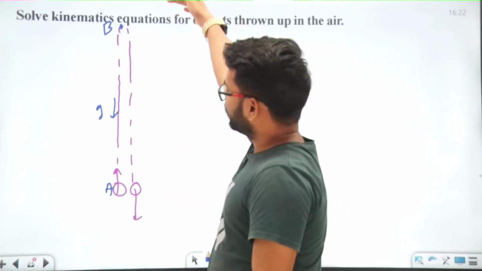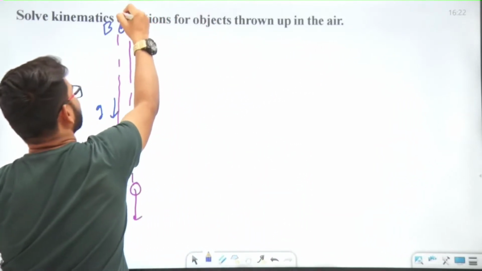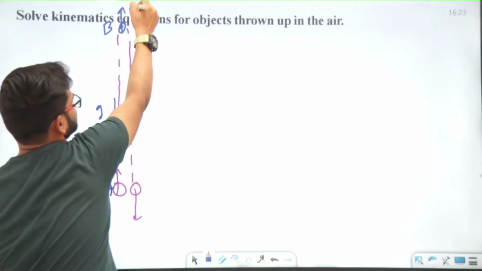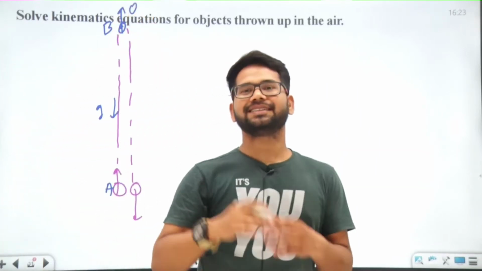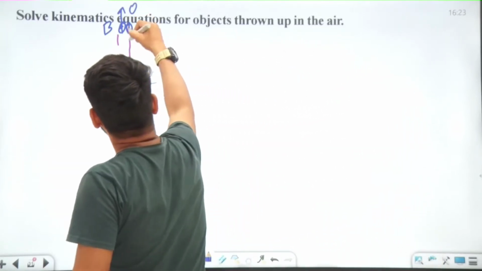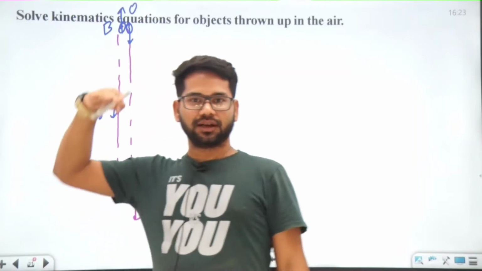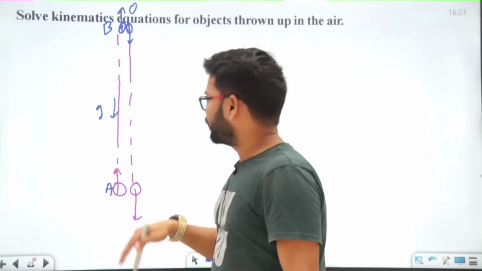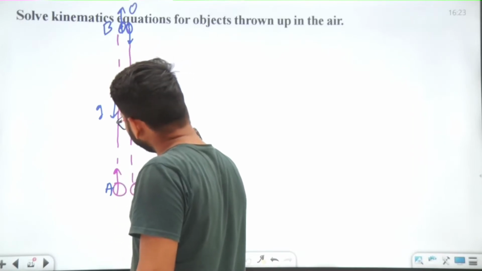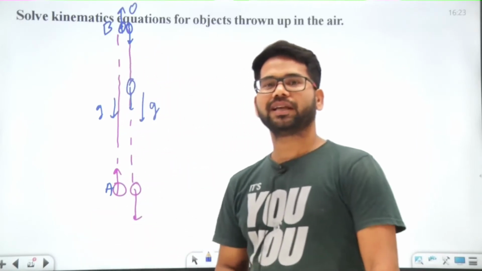It will keep moving up until its velocity becomes 0. As its velocity becomes 0, this acceleration will start moving it downward. Now when it moves downward, g is acting downward and it will be speeding up.